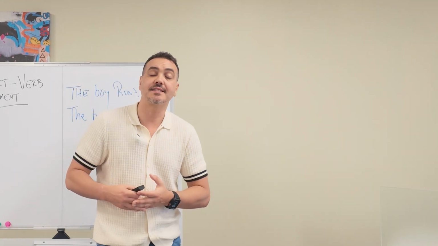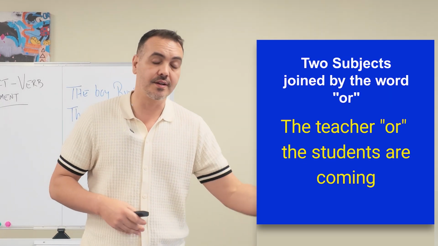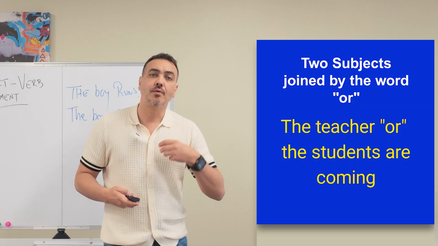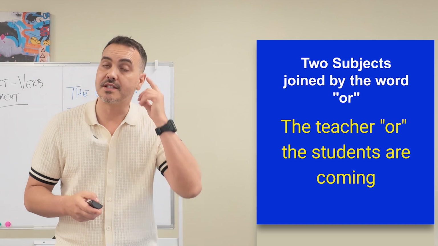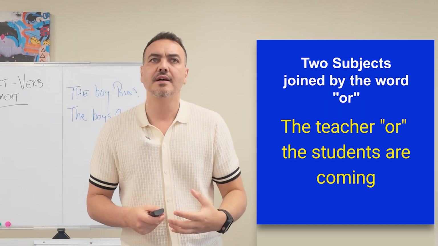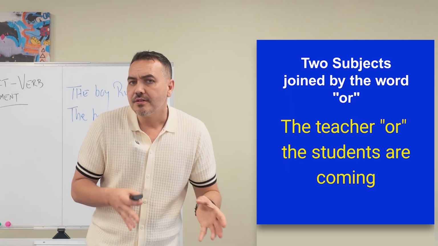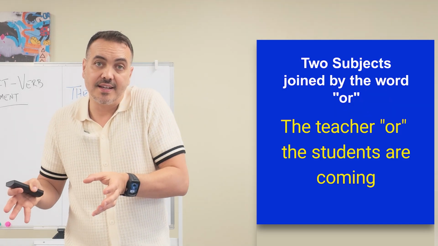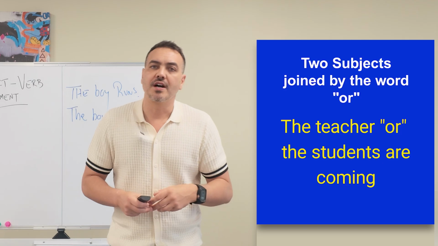Now let's look at subjects joined by the word or, one or the other. When we use or, the verb usually agrees with the subject closest to the verb. This can be a little bit confusing. But for example, the teacher or the students, okay, are coming. Now, you've got two in there.